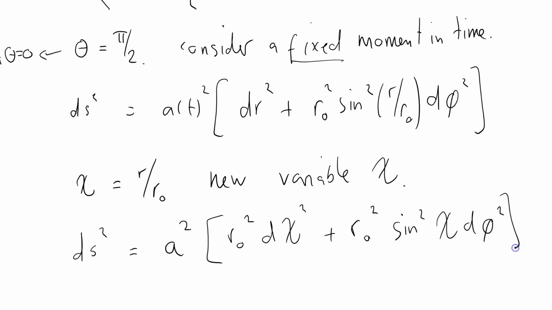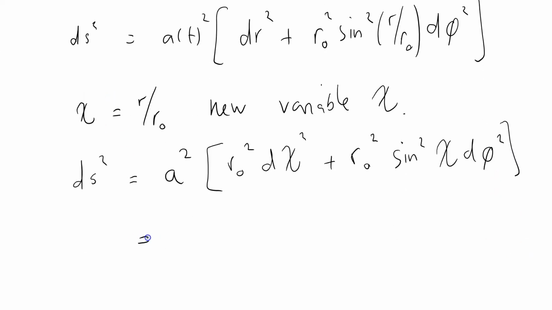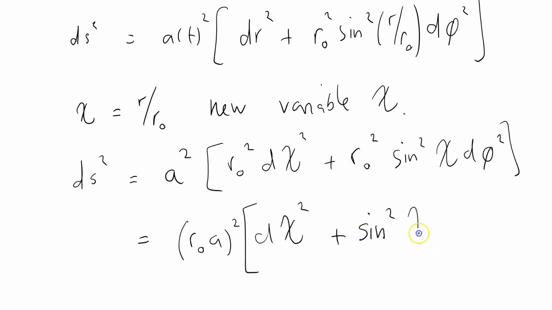That equals r0 squared A squared times (d chi squared plus sine squared chi d phi squared), where the r0's come out.